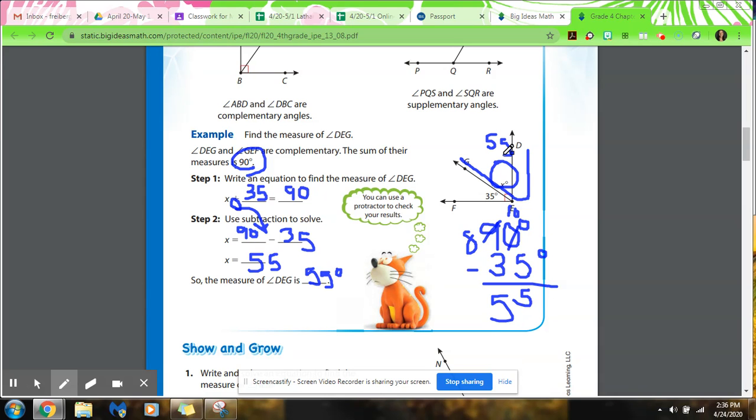To double check our work, 55 plus 35, yes, that does equal 90. So we found the correct amount for the missing angle of DEG. The missing amount is 55 degrees.